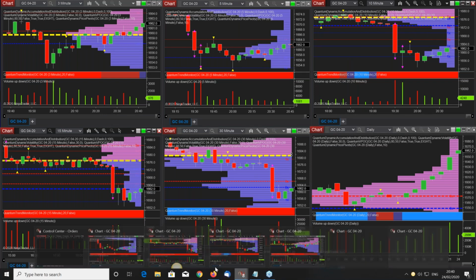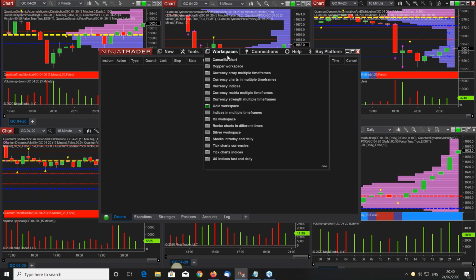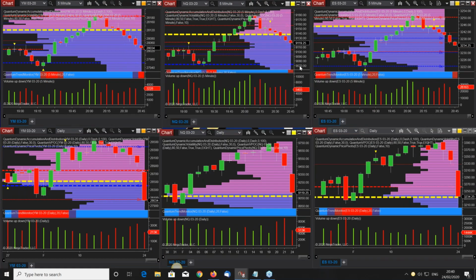Let's just go back to the indices, see if there's anything going on there. Yeah, okay. A little bit of weakness developing. It's moving away from the volume point of control. So there's a bit of a move there if you were inclined, near the end of the session.